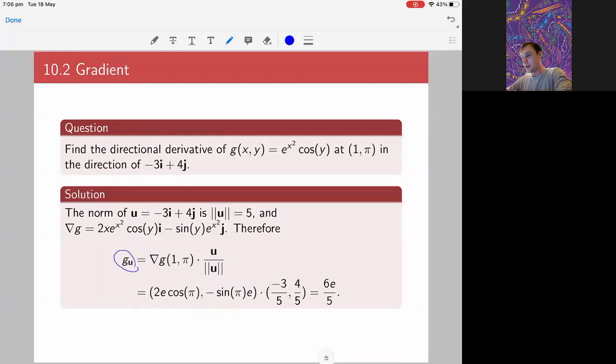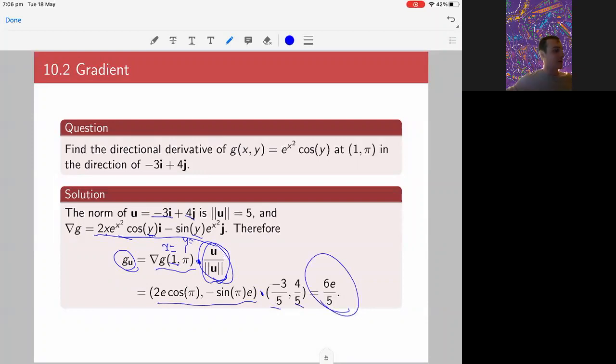The derivative of g in the direction of u is found by evaluating this gradient at the point x equals 1 and y equals pi, and dot producting that with u divided by the norm of u to make sure that our vector is a unit vector. If we put x equals 1 and y equals pi into this expression, we end up with this vector. Take the dot product with the vector (-3/5, 4/5), and in the end, we find that the slope is 6e/5.